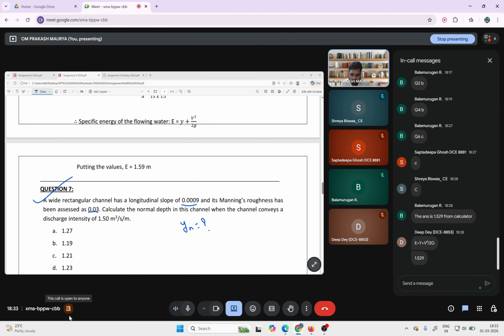Manning's roughness is given, longitudinal slope is given, discharge intensity is given. So please just try to calculate.